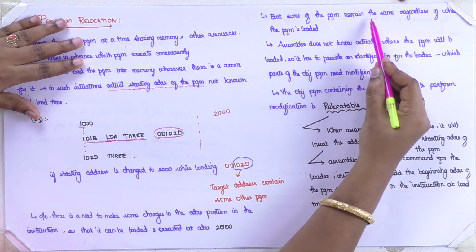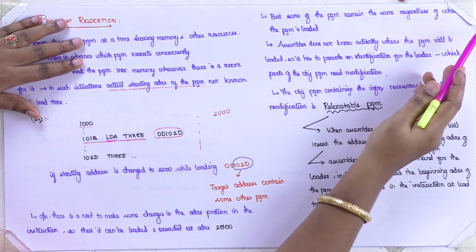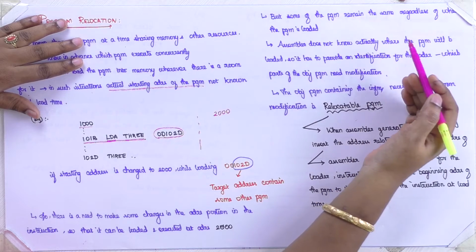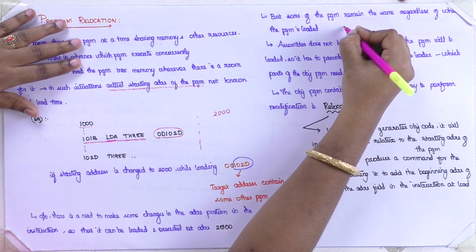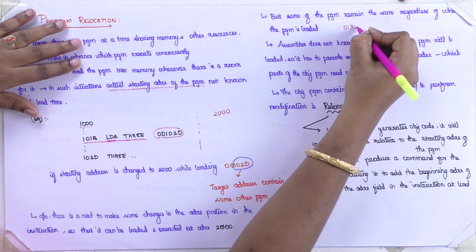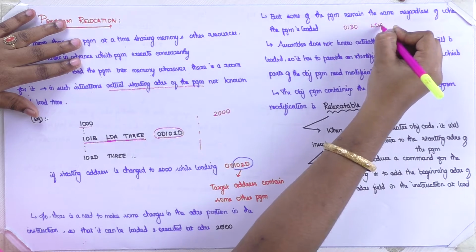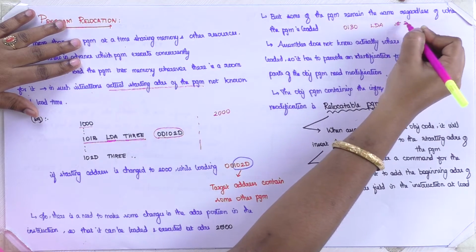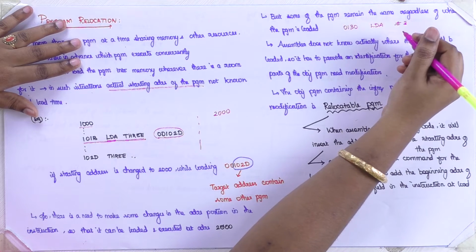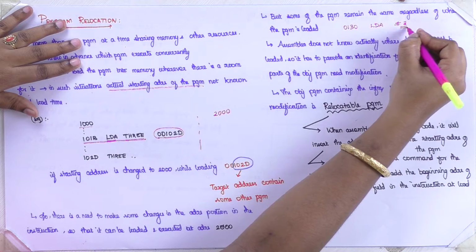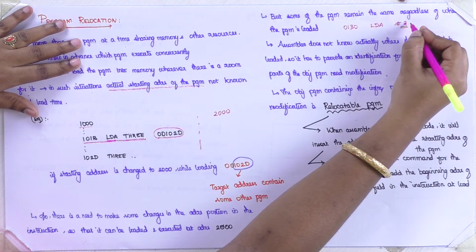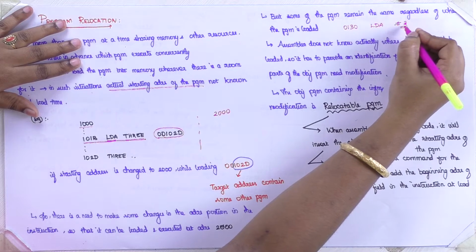But some programs remain the same regardless of wherever the program is loaded. Consider, for example, 0130 LDA #3. This is an immediate addressing mode. In the immediate addressing mode, the instruction itself contains the target value.